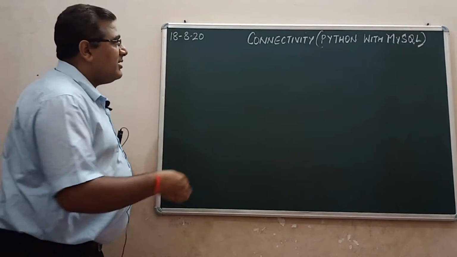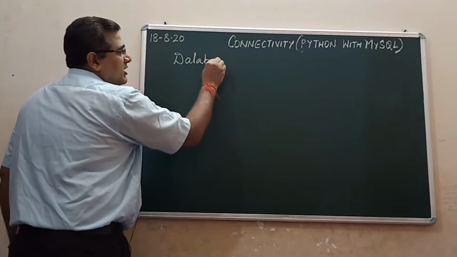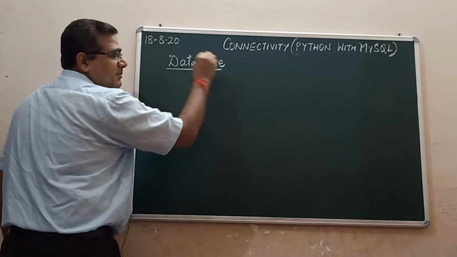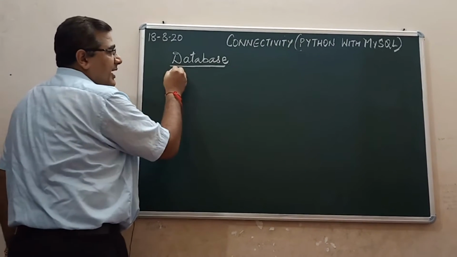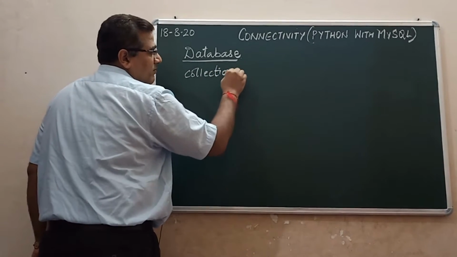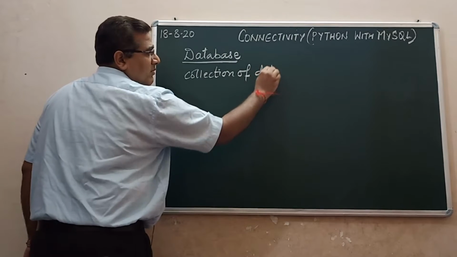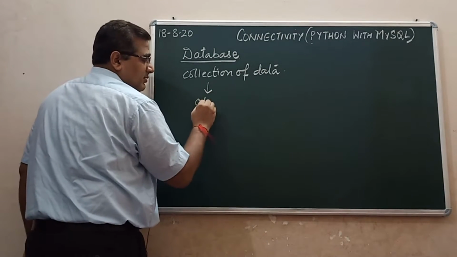Let's start the lecture. Normally, first of all, what is the general meaning of the term database? Already you have studied in your lower classes. Database refers to a collection of data related to any particular object.